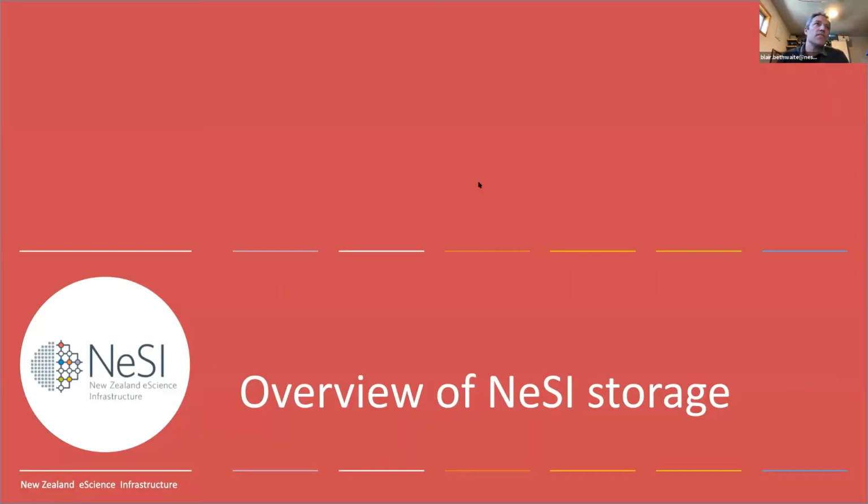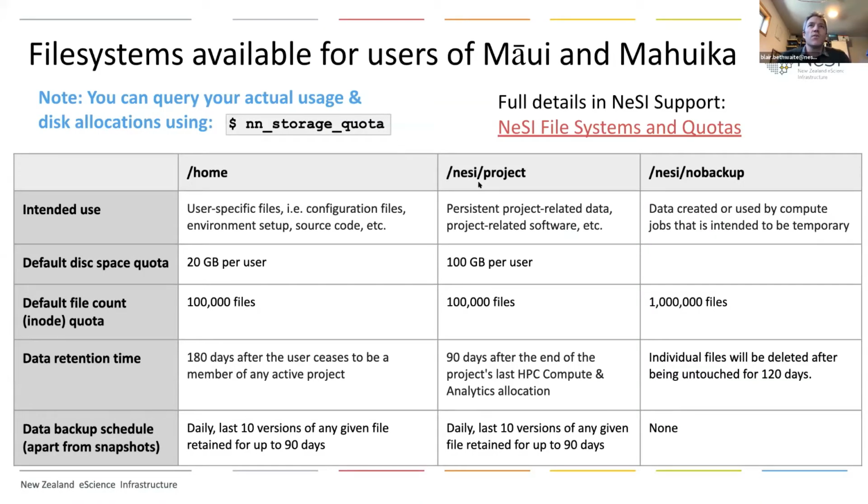So, NeSI storage. File systems are available for users of Maui and Mahuika. We've got your home directories, the project directory, and nobackup project directories. For both those file systems, project and nobackup, each project has a directory named with the project code.